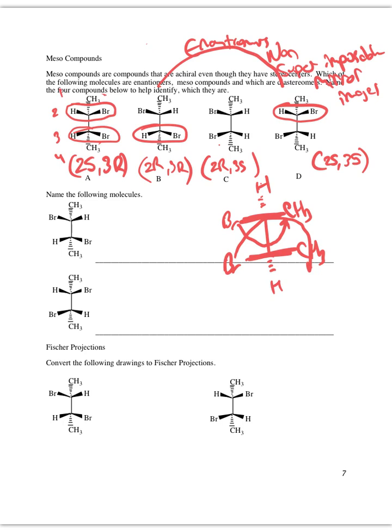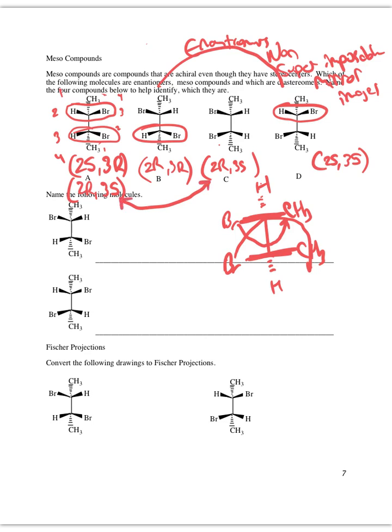A and C are mirror images because both centers are inverted, flipped, whatever you want to call it. But if we were to number A from the bottom to the top, it would be 2R3S. And if we look at C, lo and behold, that's what C is.